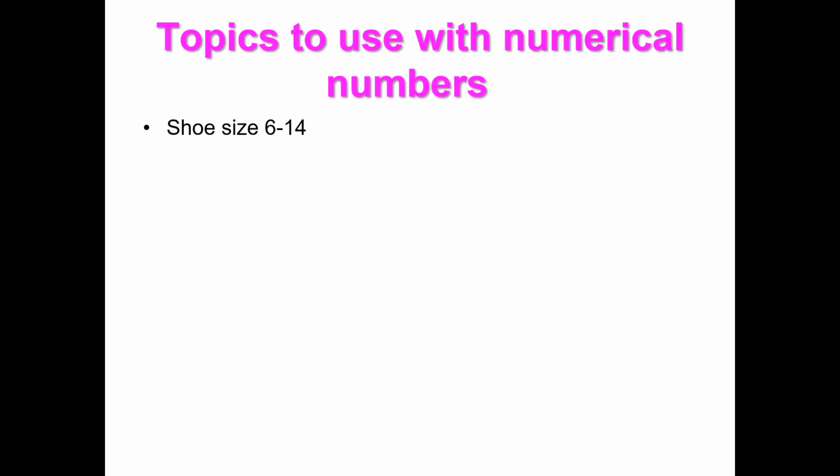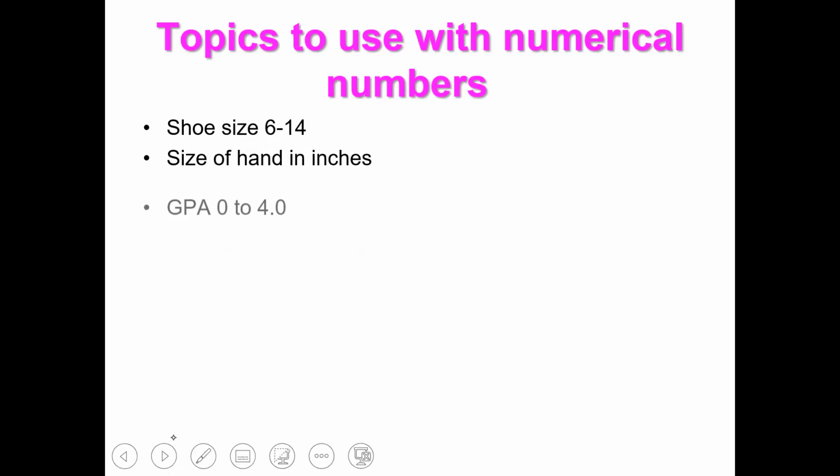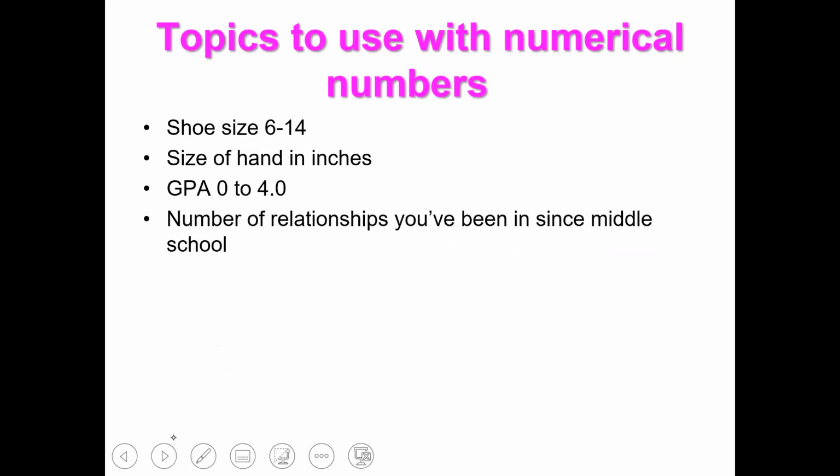There are certain topics that you can use with numerical data, like if you want to find the standard deviation of people's shoe sizes, like how vastly different are people's feet. You can also do the size of somebody's hands in inches. You can do their GPA from 0 to 4.0. You can do the number of relationships you've been in since high school or even middle school.